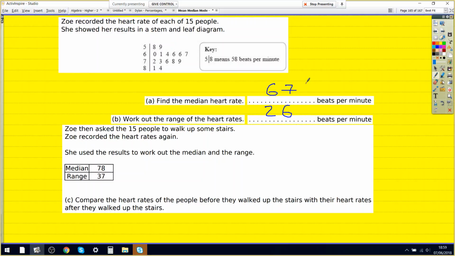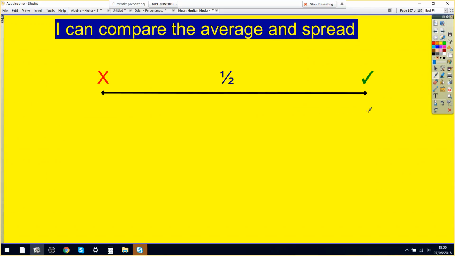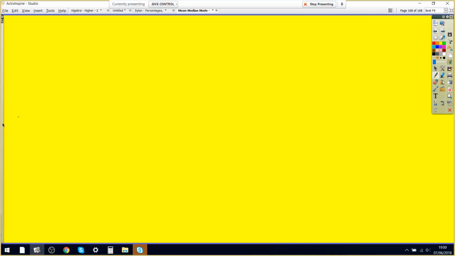It got faster. Yeah, so the average heart rate increased, and what happened to the ranges? That also increased. Yeah, and so that means that the data got more spread out. So if they were closer together. I can compare the average and spread. Tick. Yeah, well done. So that's 167 out of 167.